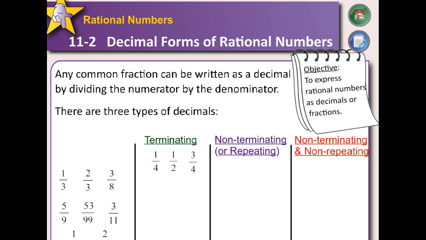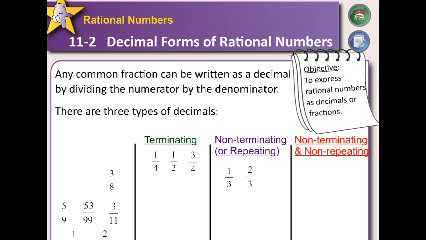So that means it's 0.33333, which means it is repeating. So I can go ahead and put this 1/3 over here under the non-terminating or repeating. 2/7, if you remember last year, we learned that 2/3 is 0.6 repeating, so he can go over there.